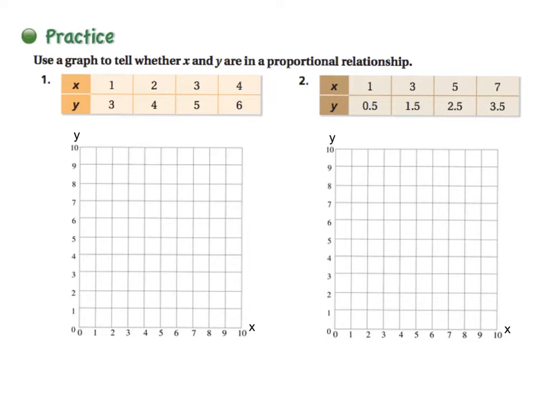Now, on your own, I need you to graph these tables onto the grid and determine if they are proportional or not. So pause the video, answer 1 and 2, and come back and check your answers.